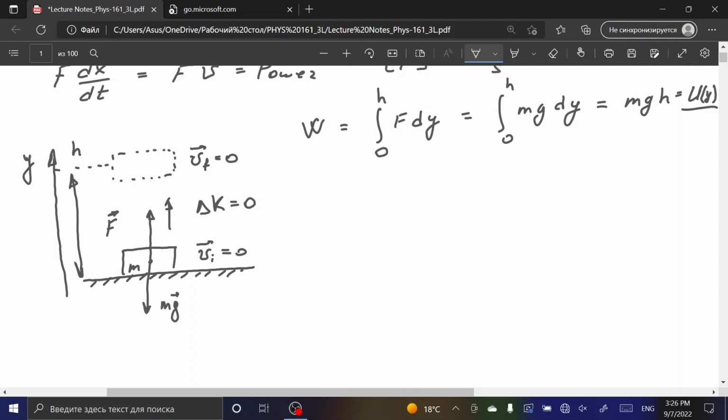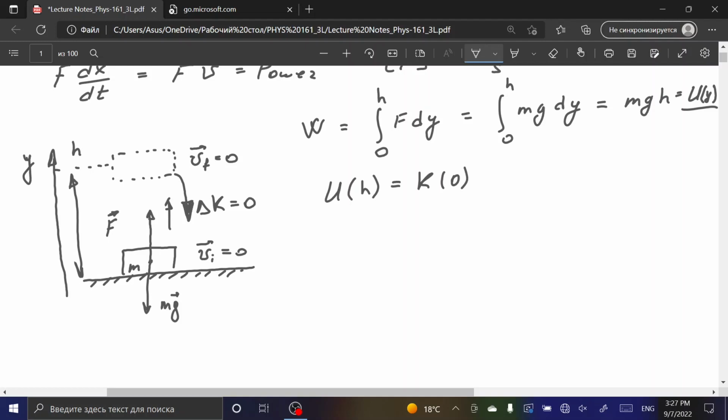Let us consider the option that this block, from its second position, from the excited position, just falls back onto the surface of the ground. In this case, we have a transformation of potential energy into kinetic energy, and we can write that potential energy at position h, which is the height of the body, will be equal to kinetic energy at position 0.